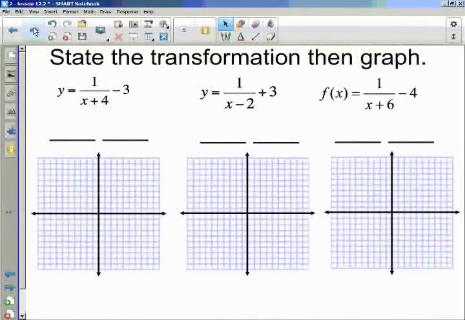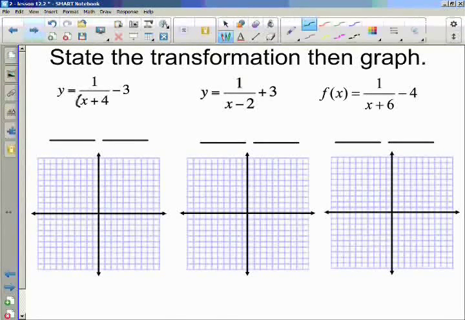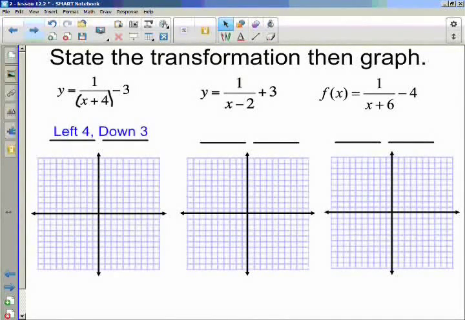State the transformation, then graph. More of the same. We're going to state in words. In this case, for the first one, again, the left and right, up and down, it looks like x plus 4 in the denominator, and we always think opposite. So instead of right, we'd think left 4, and then the number on the end, minus 3.